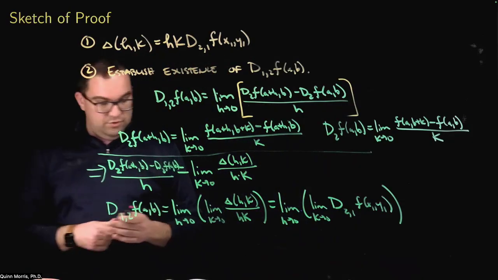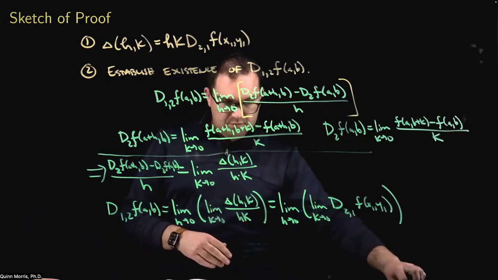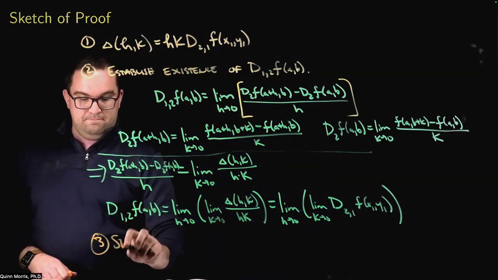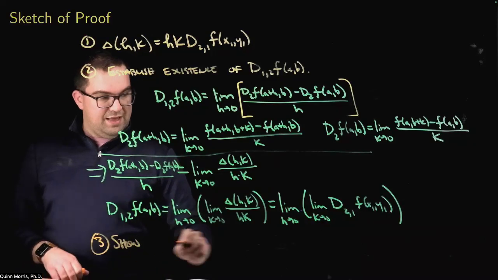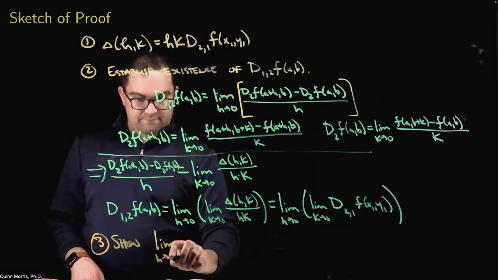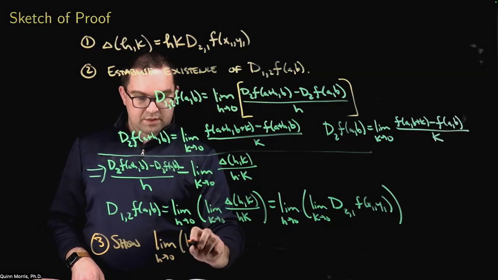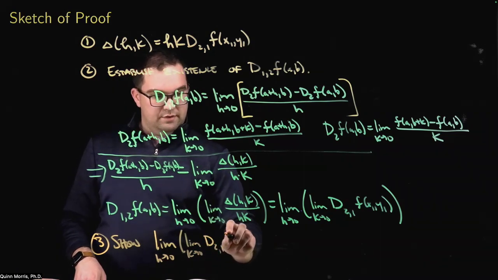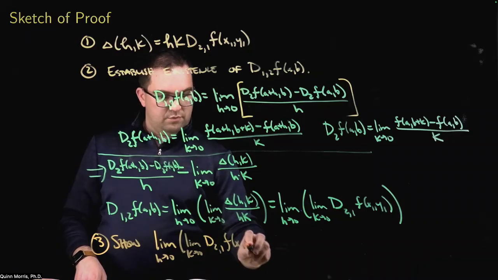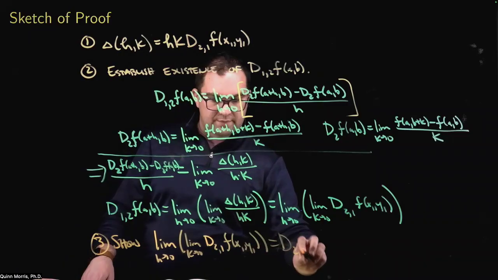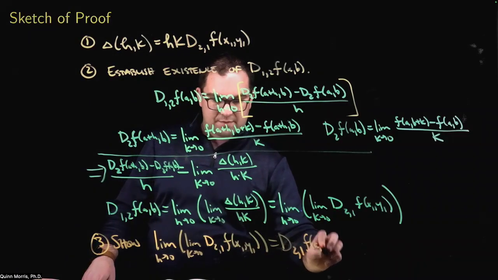So the last step here is to show that this iterated limit, as h goes to 0, limit as k goes to 0 of D21 f of x1, y1, is actually equal to D21 f of AB.